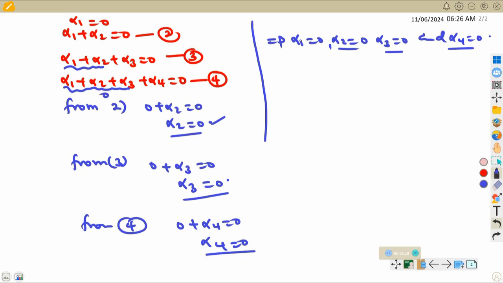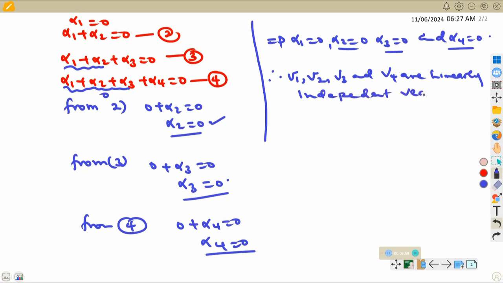So if we are able to show that the only solution to our linear combination equated to 0 is the scalars equaling 0, then it means that the vectors are linearly independent. Therefore, V1, V2, V3, and V4 are linearly independent vectors. So we have shown that the vectors are linearly independent.